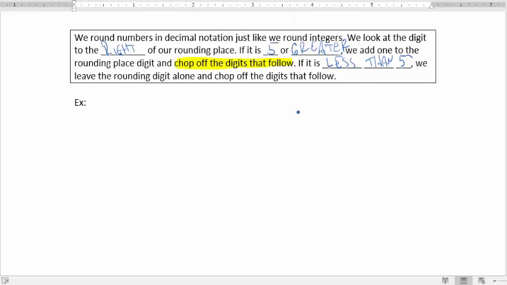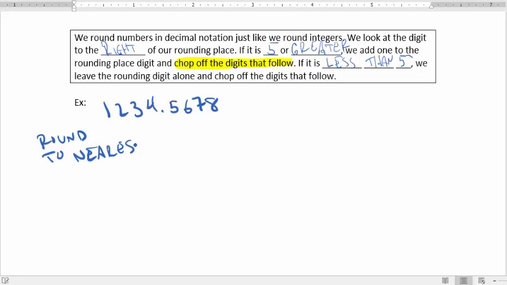So like the number that we just had, what was it? 1,234 and 5,678 ten thousandths. If you want to round this to the nearest, let's say, thousandth, right?